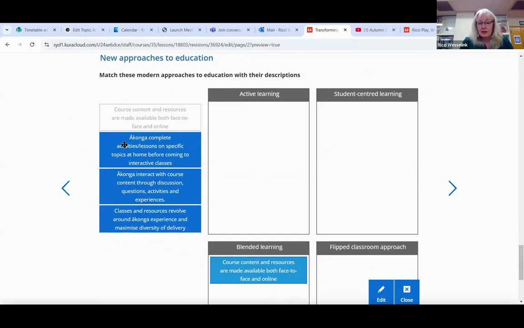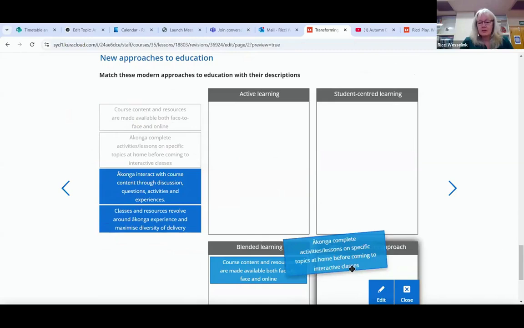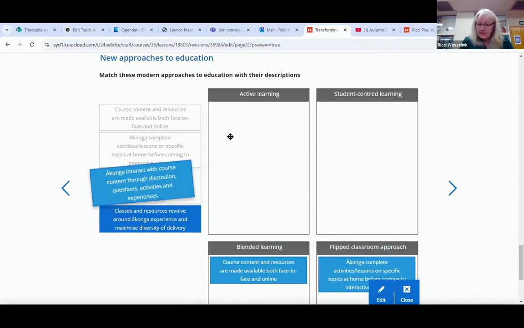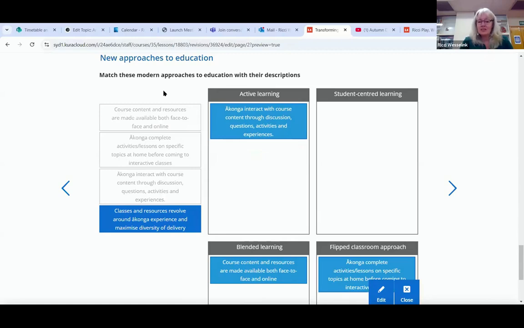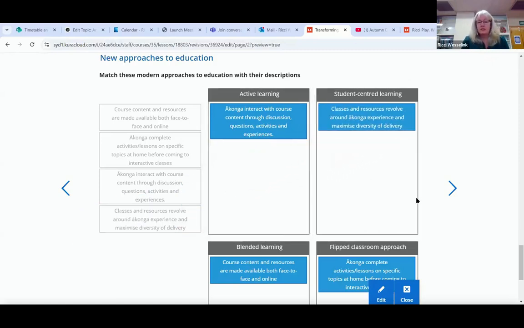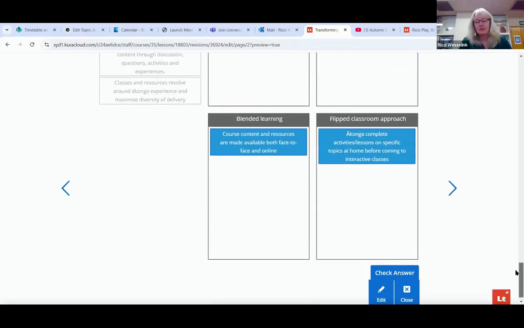In flipped classroom, in our case, we were asking students to complete activities at home before coming in. And in active learning, we were asking the students to engage and discuss, question and apply. We also wanted to maximize the diversity of delivery rather than just chalk and talk.